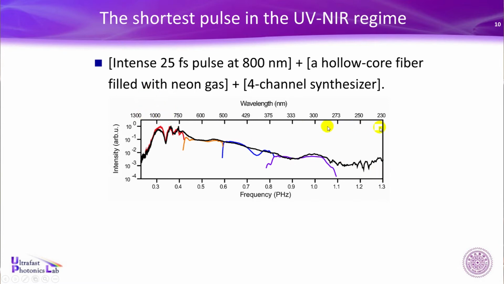Let's check the longest and the shortest wavelengths. Longest is 1300 nanometers. It's already infrared, right? 230, of course, is UV, ultraviolet. So it's from UV all the way to infrared. It's a very broad bandwidth.